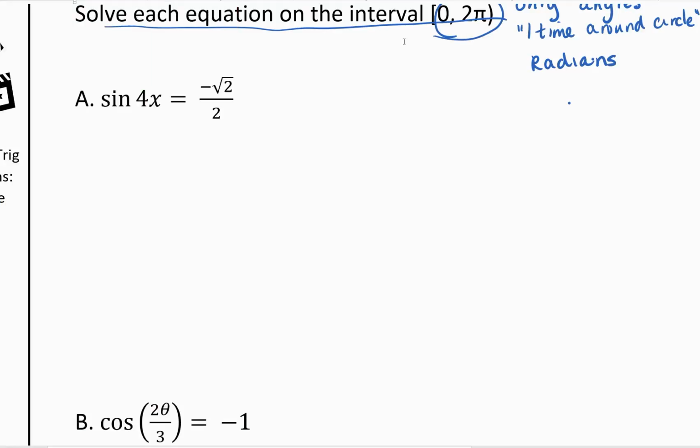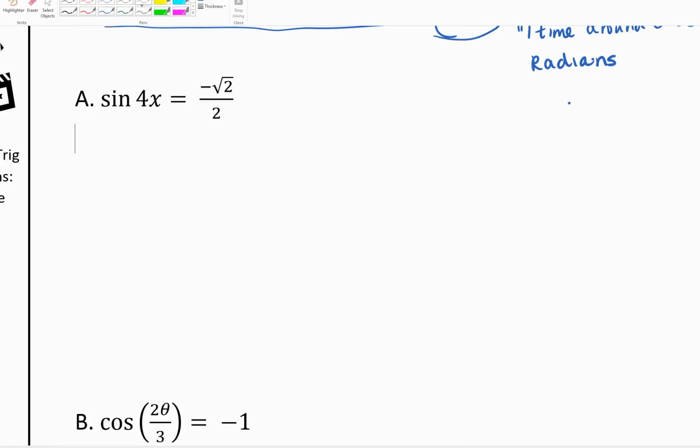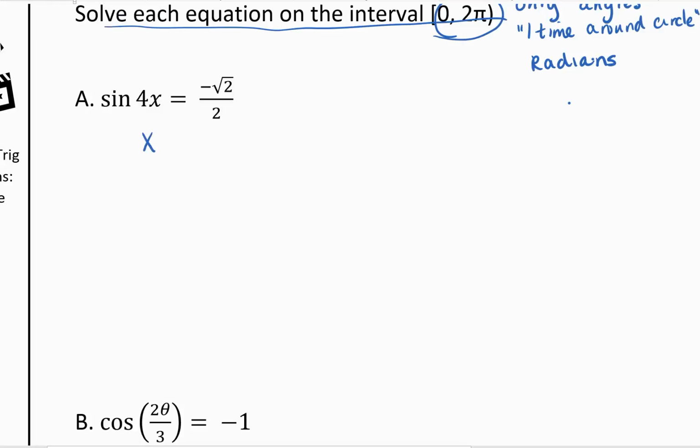Now our directions tell us we want our answers to be between 0 and 2 pi. So x is what we're trying to solve for. We want x to be between 0 and 2 pi. Now, here's what's a little tricky, is when we use the unit circle, we're not looking at x, we're going to be looking at 4x.